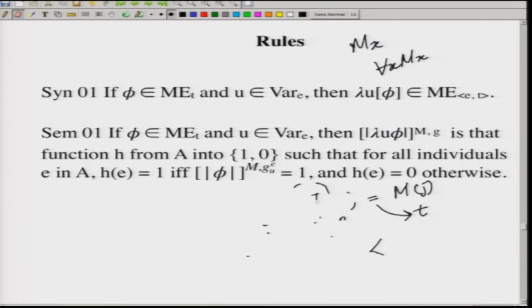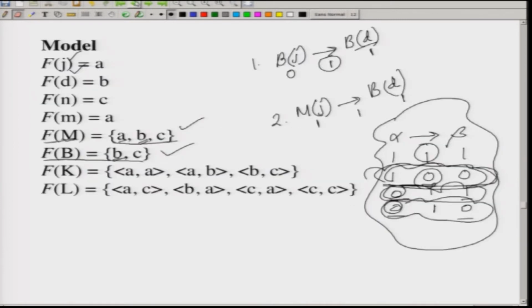So, for example, we can get back to our model and have a practical application of it. This is our old model. We may consider, say, this thing B. When B takes, for example, you will write B j, what is the value of B j?